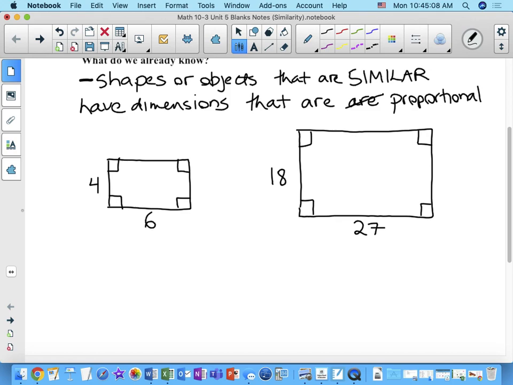So what I'm going to do is I'll label the smaller one's length and width with a lowercase w and lowercase l. And this one will be uppercase W and uppercase L. Okay?